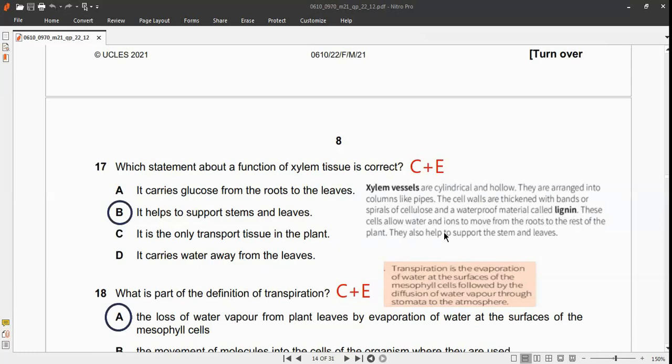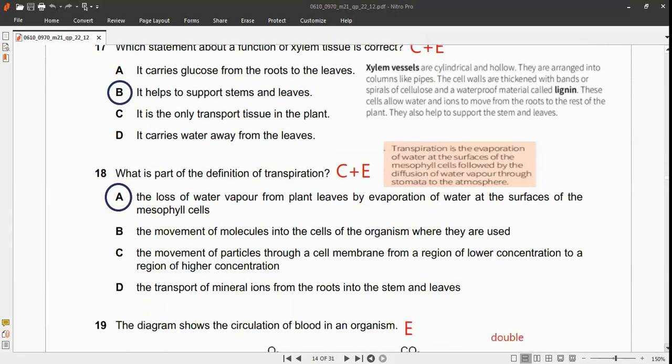These cells allow water and ions to move from the roots to the rest of the plant. They also help to support the stem and leaves. So the correct answer is that it helps to support stems and leaves, and also transports water, allowing water and ions to move from the roots to the rest of the plant.